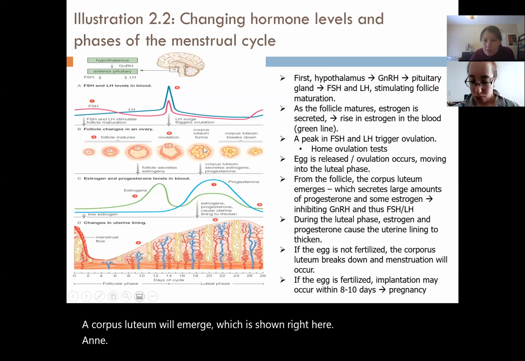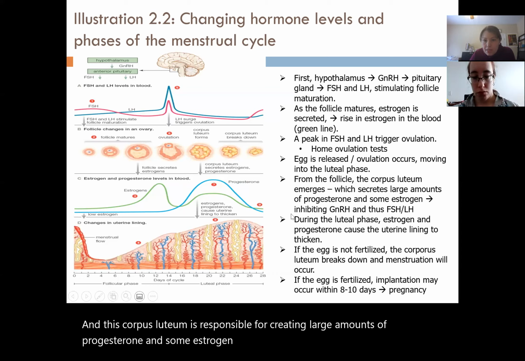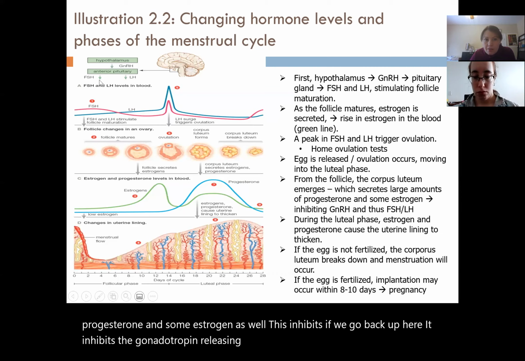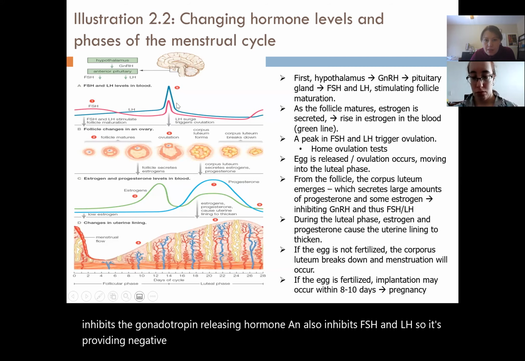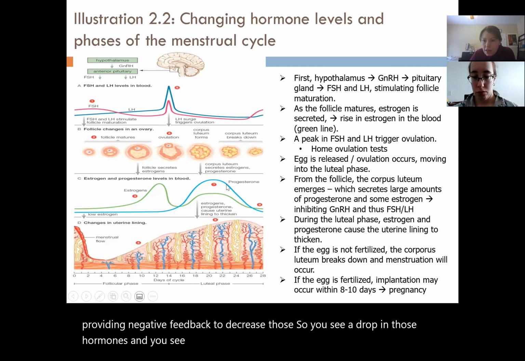And this corpus luteum is responsible for secreting large amounts of progesterone and some estrogen as well. If we go back up here, this inhibits gonadotropin releasing hormone and also inhibits FSH and LH. So it's providing negative feedback to decrease those. So you see a drop in those hormones, and you see estrogen shoot up there.